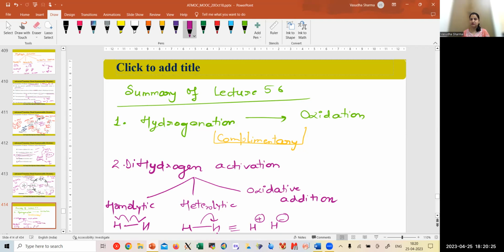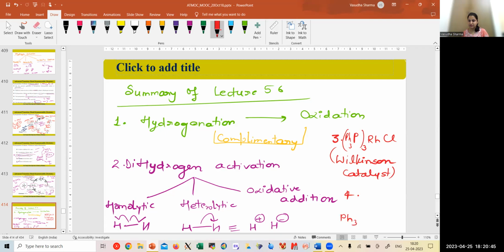And third, what we saw is using this PPh3 thrice rhodium chloride, which is the Wilkinson catalyst. We saw the mechanism and how it is working. And also we saw the mechanism with PPh3, Rh, HCO.